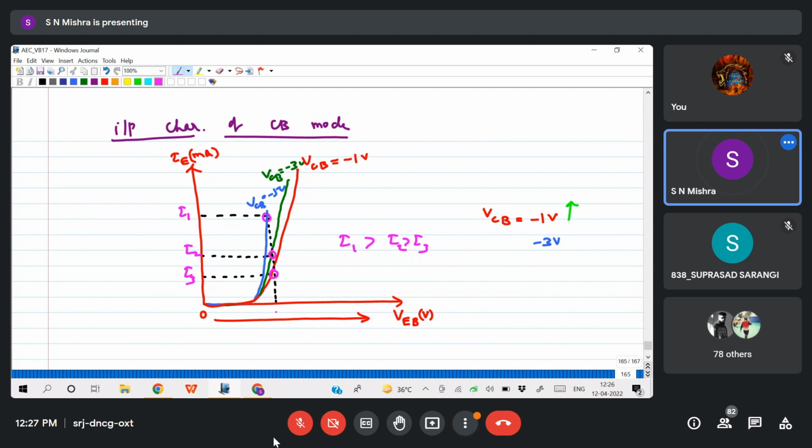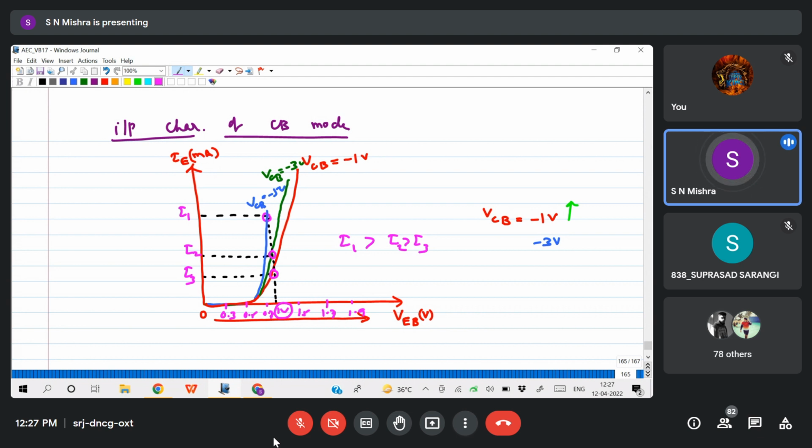For a particular VEB, let us take 0, 0.3, 0.5, 0.7, this is 1 volt, 1.5 volt, 1.7 volt, 1.9 volt, like that you can increase. So at 1 volt, if I observe, I am getting VCB minus 5 volt giving more current compared to VCB minus 3, compared to VCB minus 1. Is it clear for all?